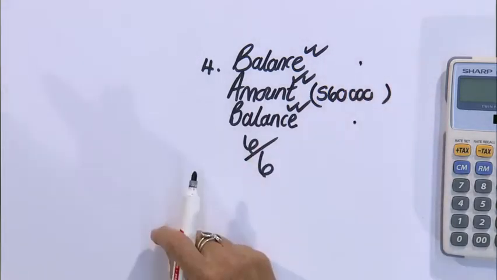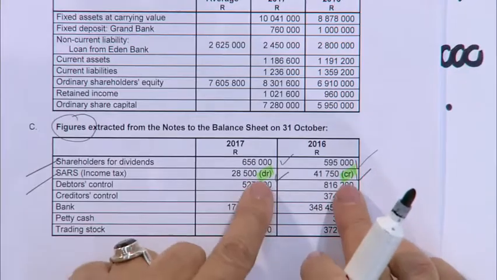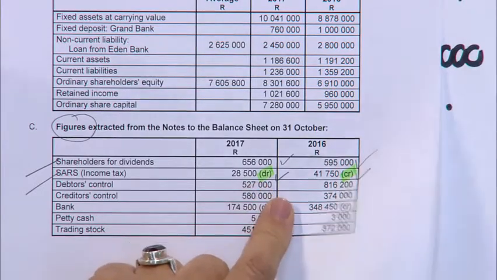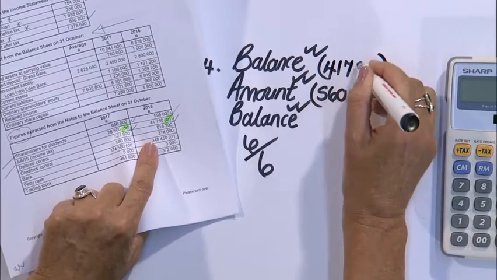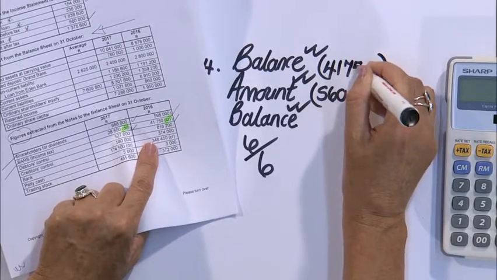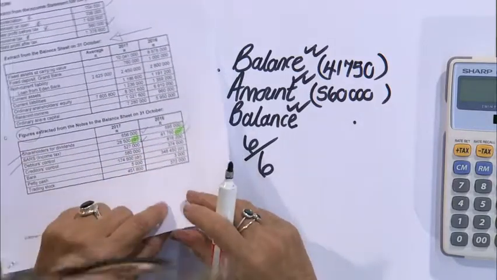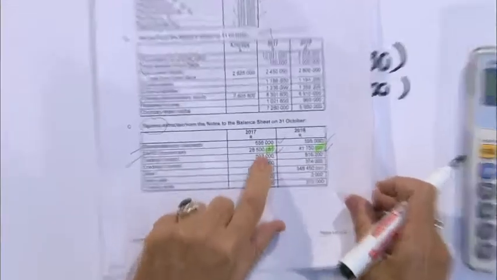This and this depends. We said, I'll show you again, start of the year, I owe them. If I owe them at the start, I pay them. If not, what will happen? What happens if you don't pay SARS? You'll pay a penalty, you'll pay interest, and you'll be in slight trouble. Let's see.